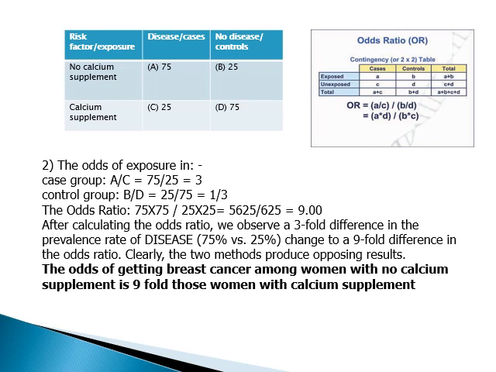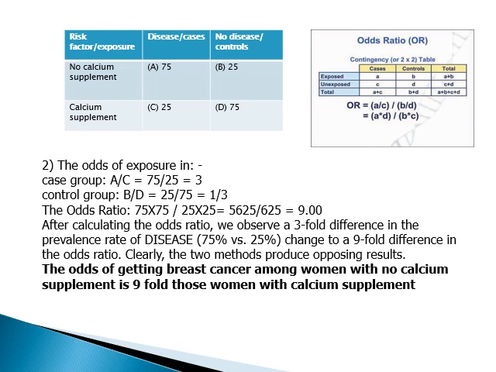So here we have the 2x2 table, which is about the odds ratio. The table at the left, we have it with numbers. The table at the right, we have it with A, B, C, D, no numbers, just to show us how we do the odds ratio. And the meaning of the odds ratio is about the odds or likelihood of getting breast cancer among women who have no calcium supplement compared to those women who have calcium supplements.